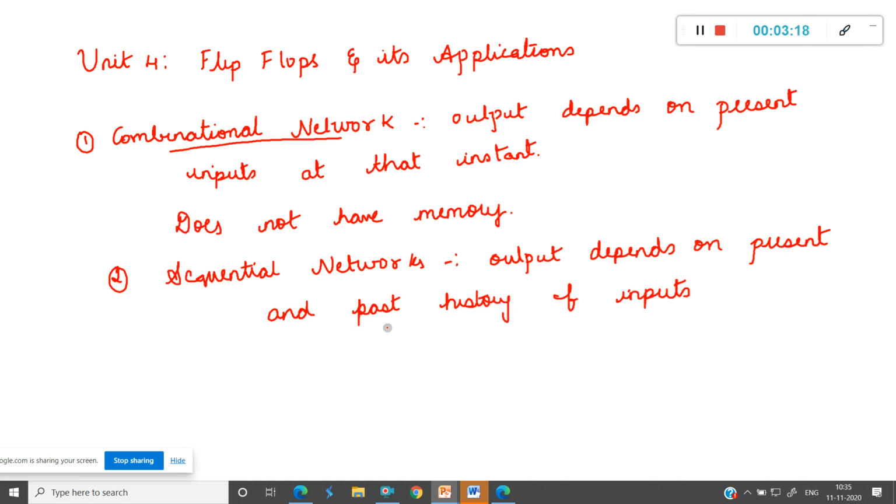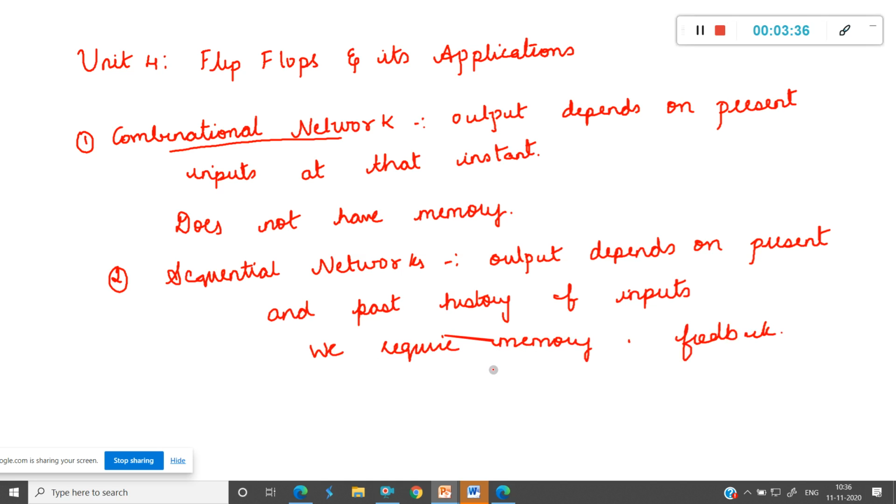In order to preserve this past history of inputs, we require memory. And we also have feedback in a sequential network.